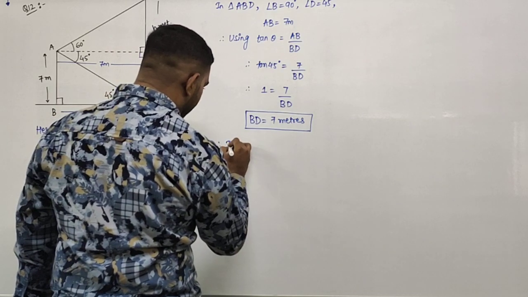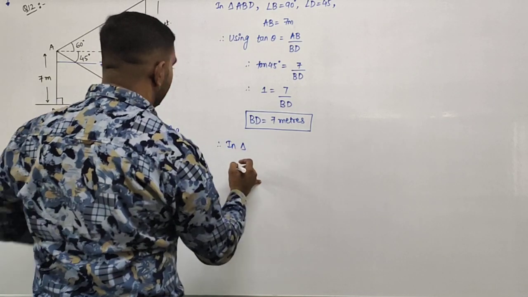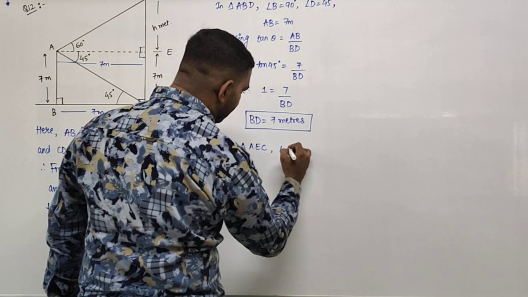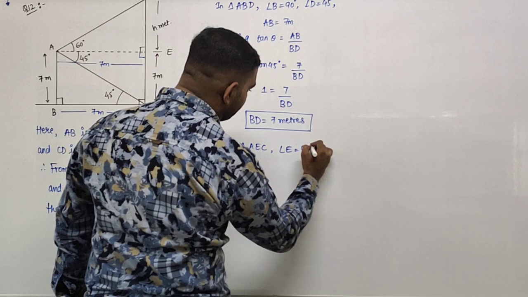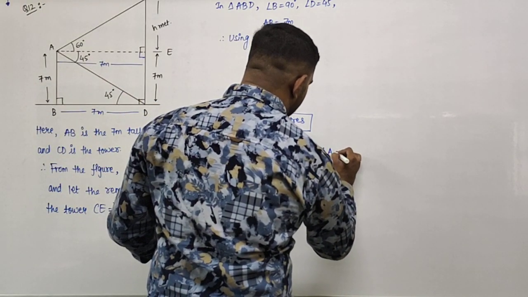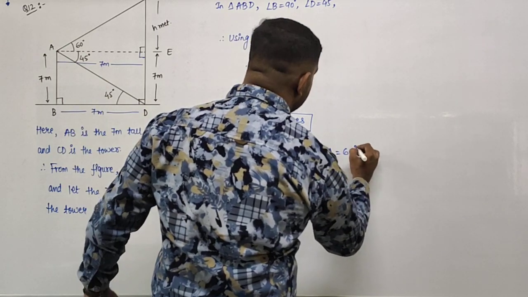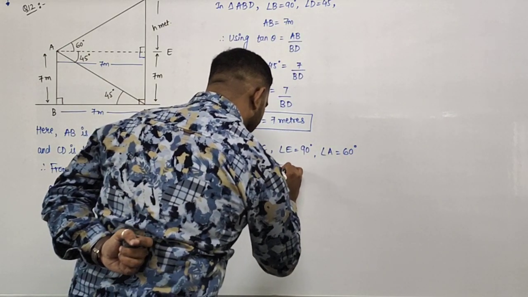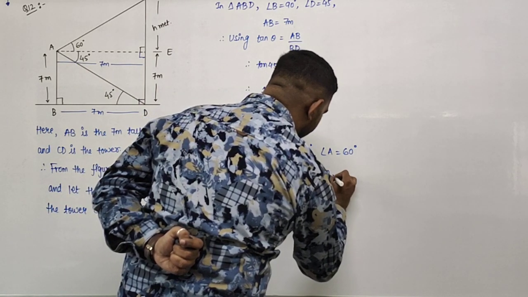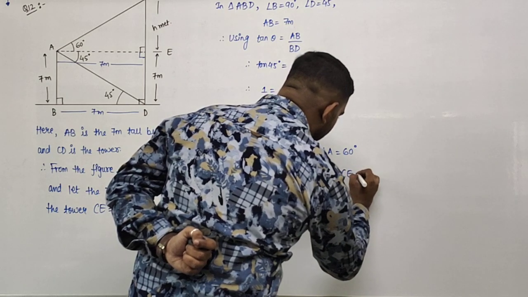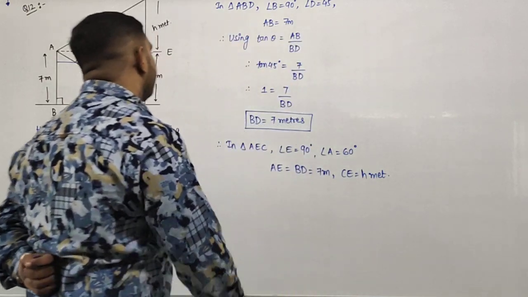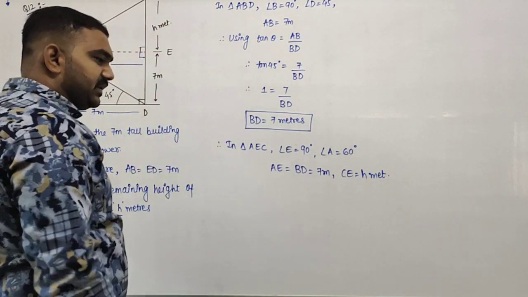Therefore in the upper triangle AEC, angle E is equals to 90 degrees, this one. Angle A is equals to 60 degrees, given. Then AE is equals to BD is equals to 7 meter, and CE is equals to H meters. Right? We have taken CE is equals to H meters.